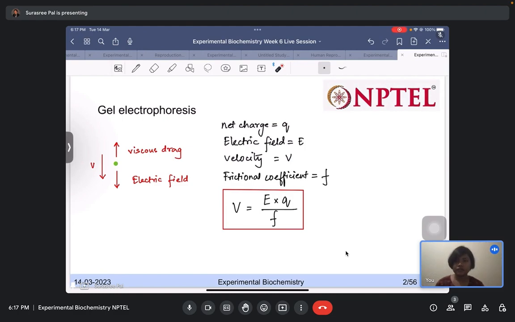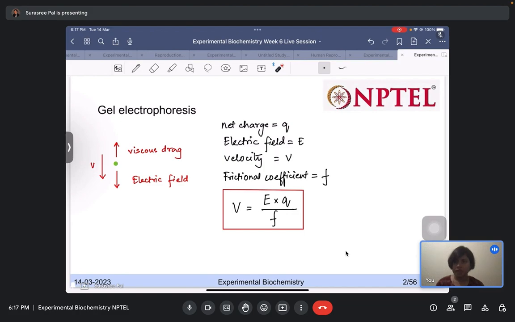For that, the molecules have to be charged. DNA and RNA, these nucleic acids, are negatively charged when we run them on the gel. But proteins can be negatively charged, positively charged, or neutral as well.